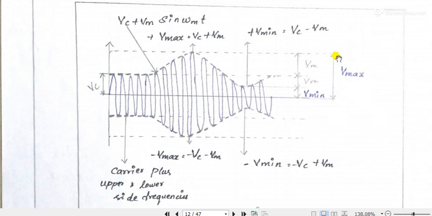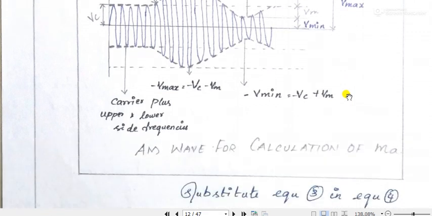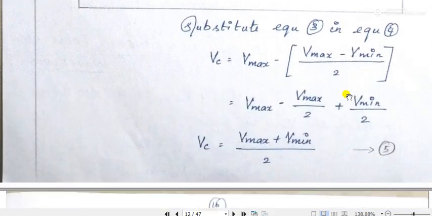So Vmax is equal to Vc plus Vm. Having substituted equation 3 in 4, next take the LCM: Vmax minus Vmax by 2, and minus into minus is plus, so plus Vmin divided by 2. Taking 2 as common, 2Vmax minus Vmax, so that Vmax plus Vmin divided by 2.